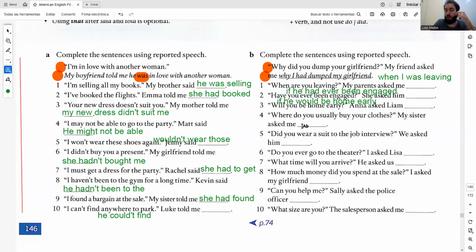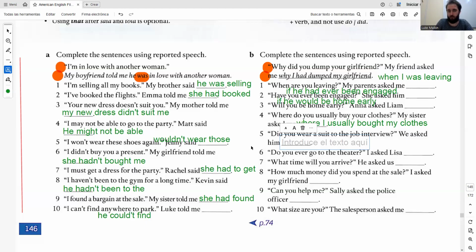Number four, where do you usually buy your clothes? That's present simple. My sister asked me where I usually bought clothes, past. Number five, did you wear a suit to the job interview? That's past, so we need to step back to past perfect.